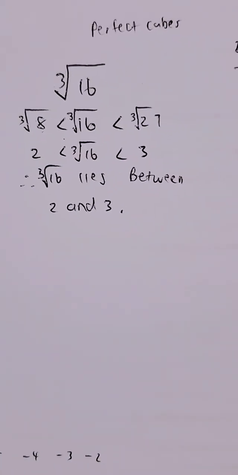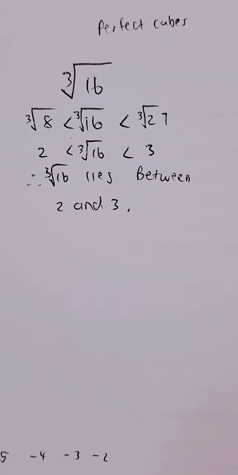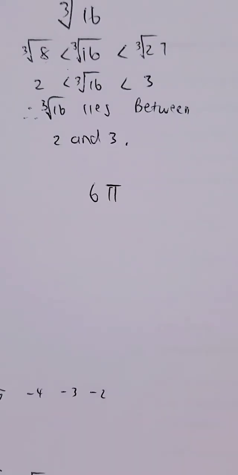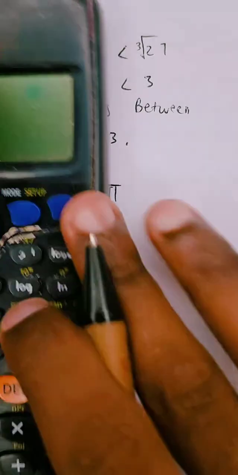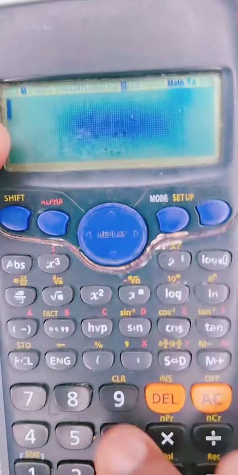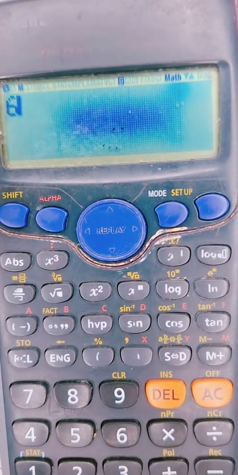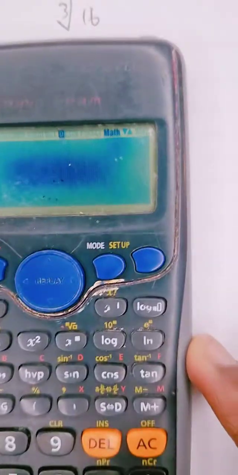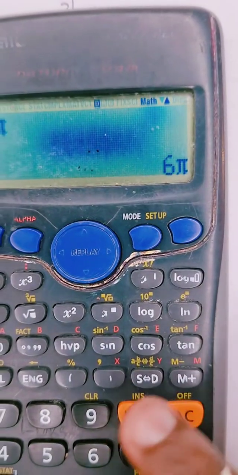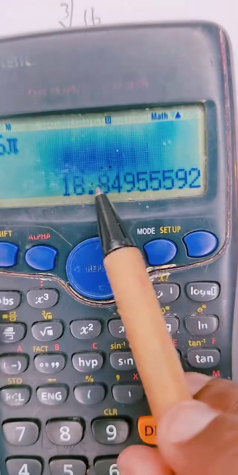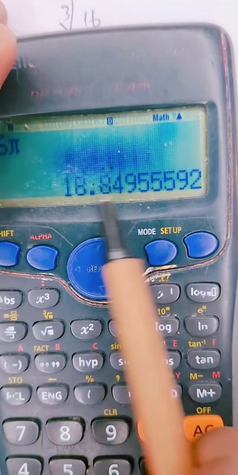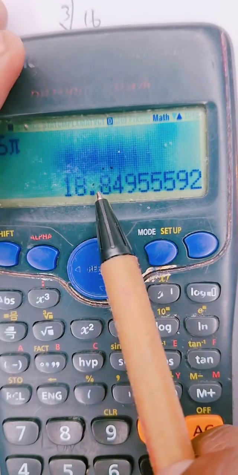If you get something like this and they say between which two integers does 6 pi lie, just grab your calculator. Press 6, shift, go to pi, press it, then you get 6 pi, press equal, and press SD. 18.84. You have an idea what that number is.